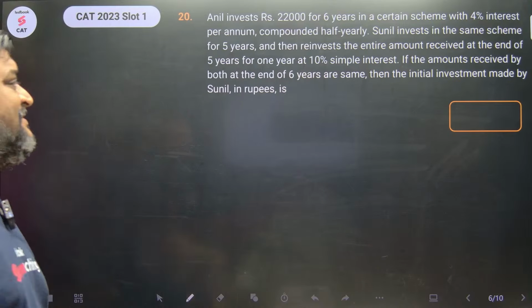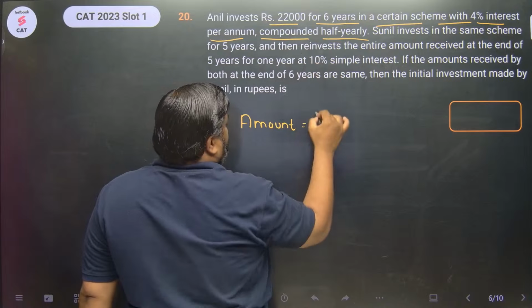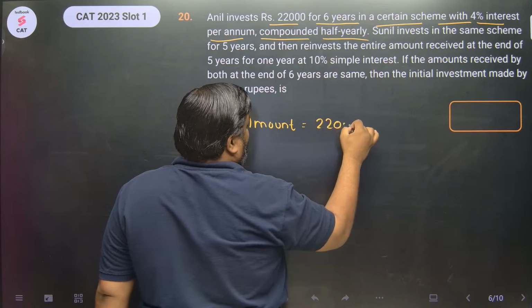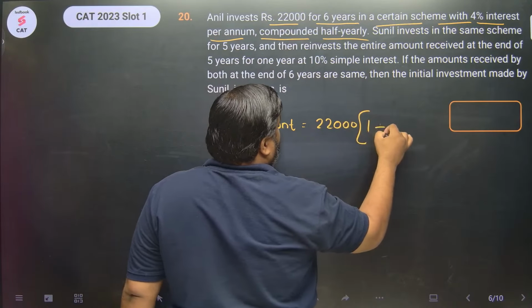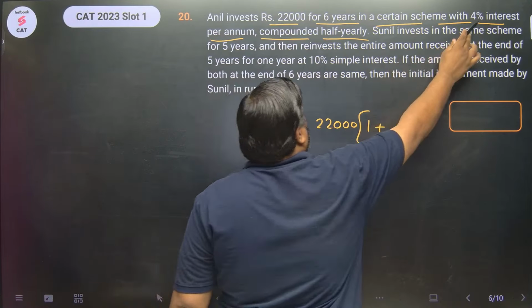So in Anil's case, the amount would be, the amount for Anil is how much? In Anil's case the principal is 22,000, P. 1 plus the rate is 4%, but it is compounded half yearly, so we will take 2 upon 100.